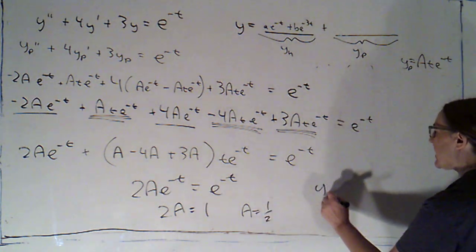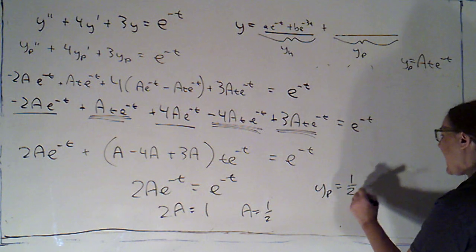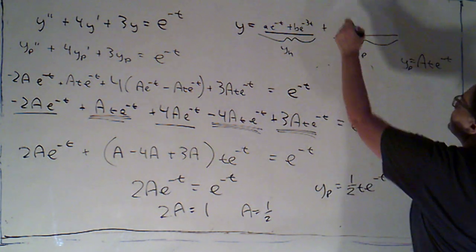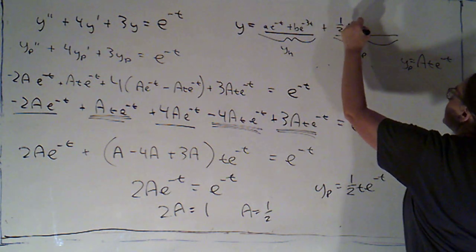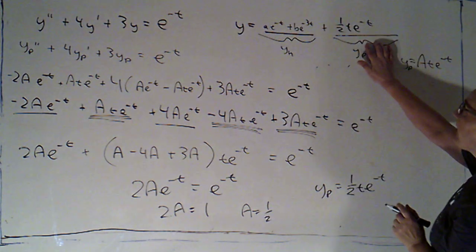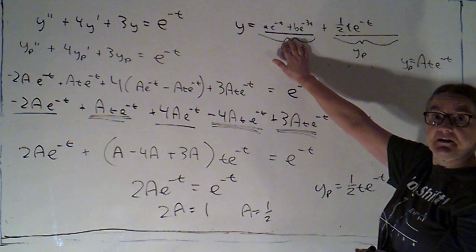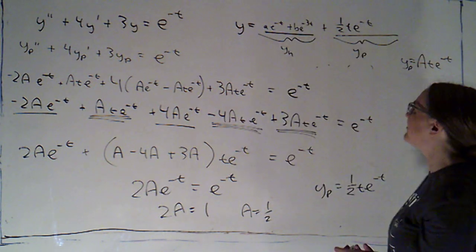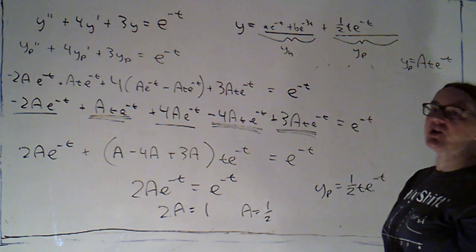So now I know that my particular solution is 1/2 t e to the negative t. Add that to the solution to the associated homogeneous, which we'd actually already solved for in the previous problem, and that gives me my general solution.